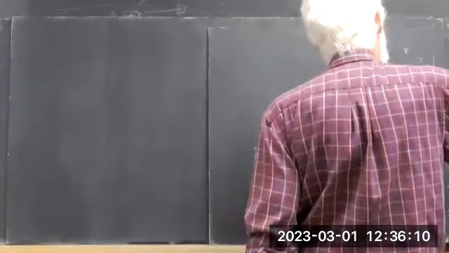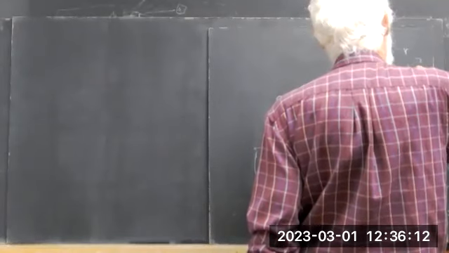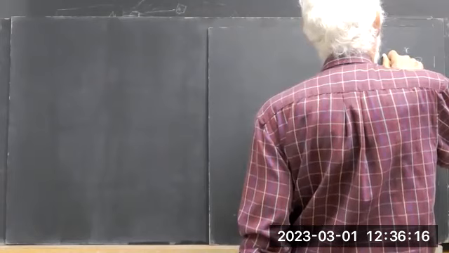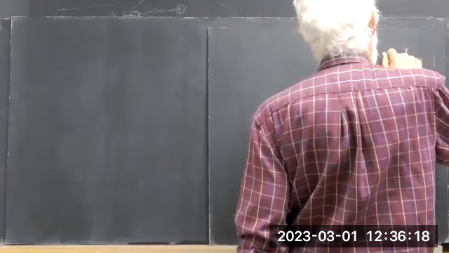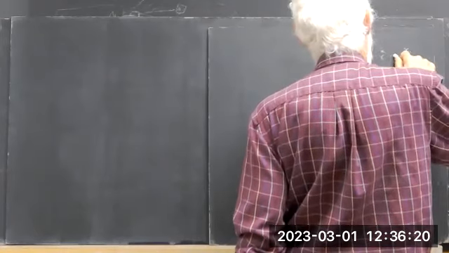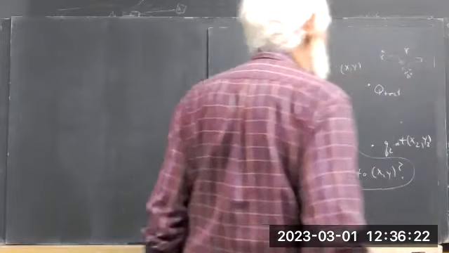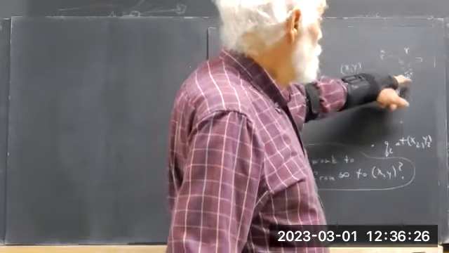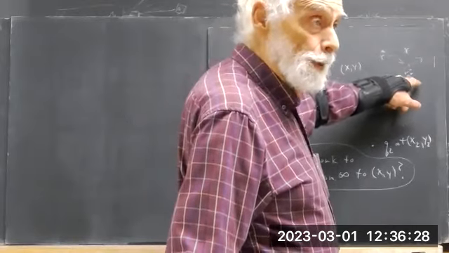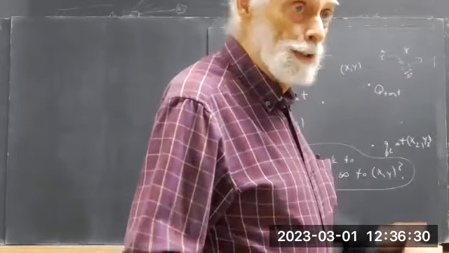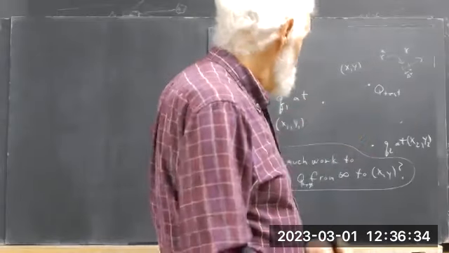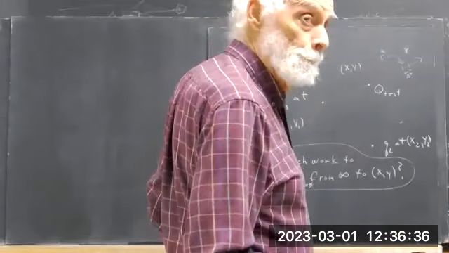You have an interval, delta R with a sample point R star. Calculate the force at R star and multiply that by your delta R. Then get your signs right.